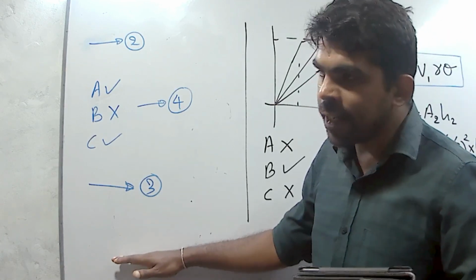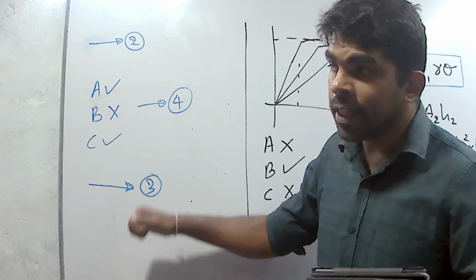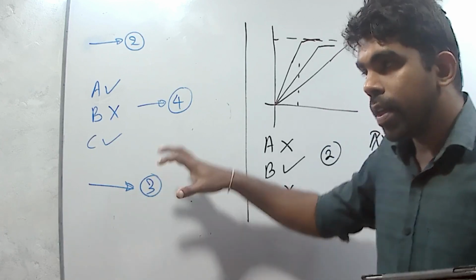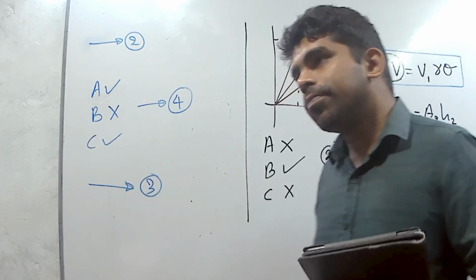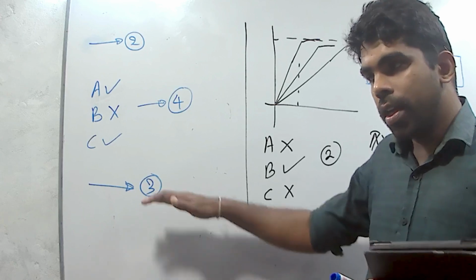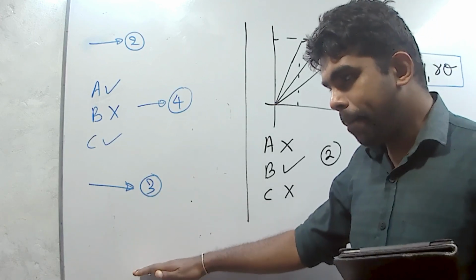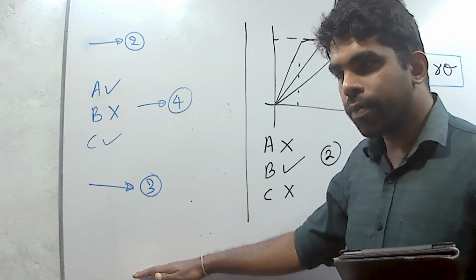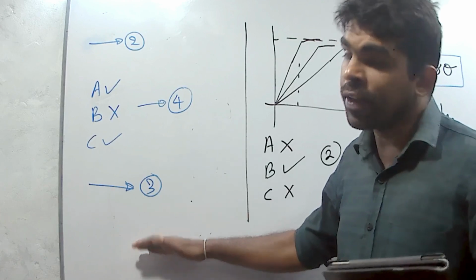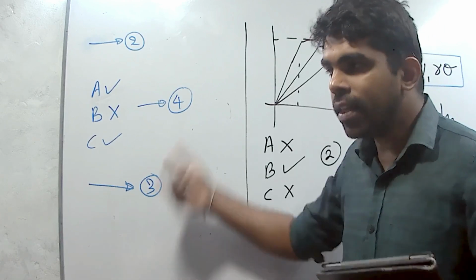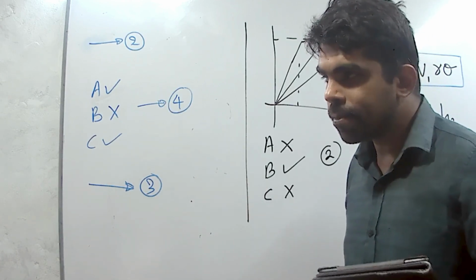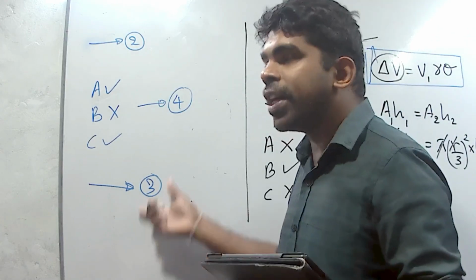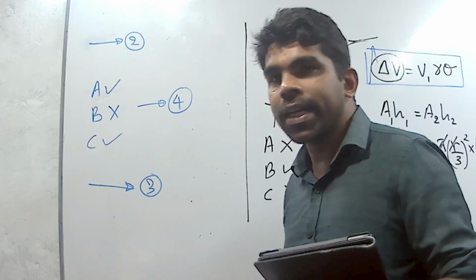If we are considering mercury, the range of thermometer depending on melting point or freezing point of mercury and boiling point of mercury.